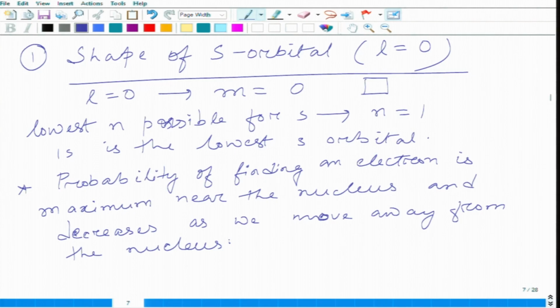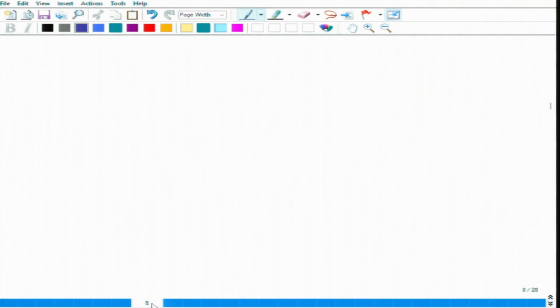So with this factor, we will plot psi as a function of r and psi squared as a function of r.